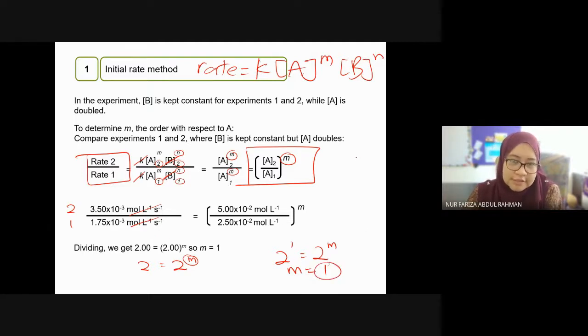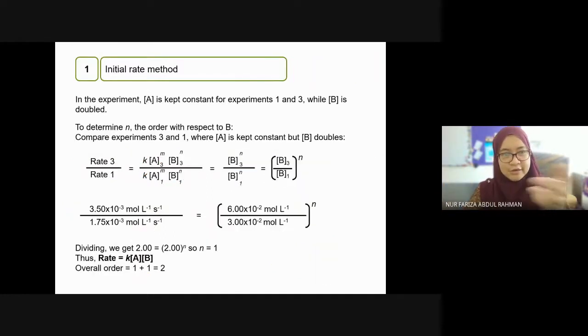Okay? Yes, that's it. So, the same method we apply for B. But this time around we're going to fix the A, the concentration of A. So we use rate 3 and rate 1. You can use others too, it's fine, as long as the most important thing is that A should be fixed. The value of A should be fixed.